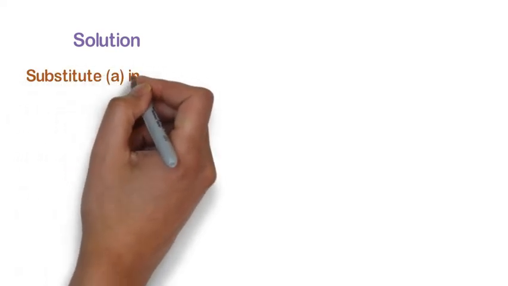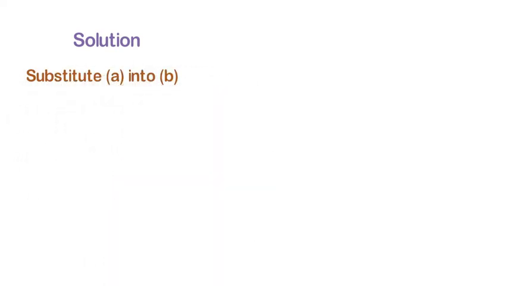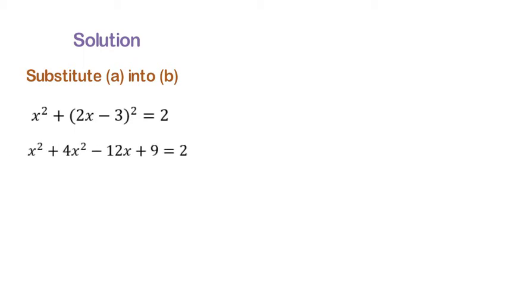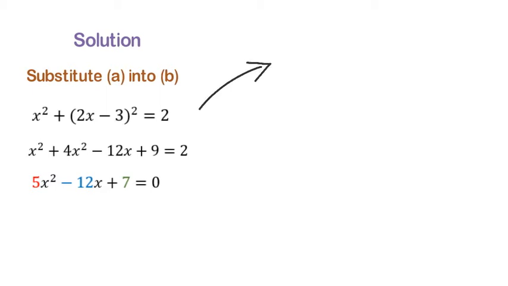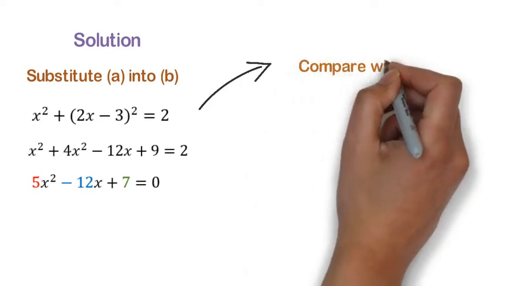Substitute equation A into equation B. We'll have x squared plus the square of 2x minus 3 equal to 2, which will further give us x squared plus 4x squared minus 12x plus 9 equal to 2 when we expand the bracket, which will give us 5x squared minus 12x plus 7 equal to 0 when we collect like terms.